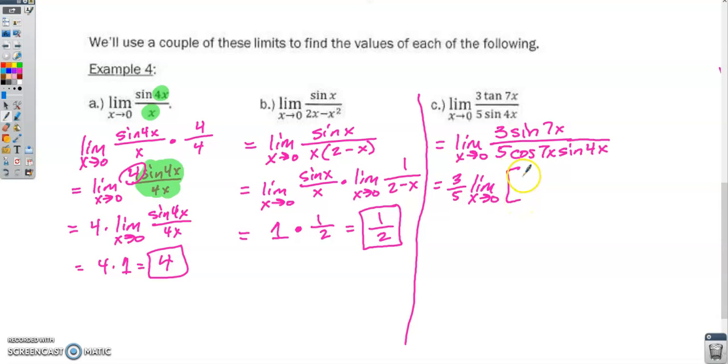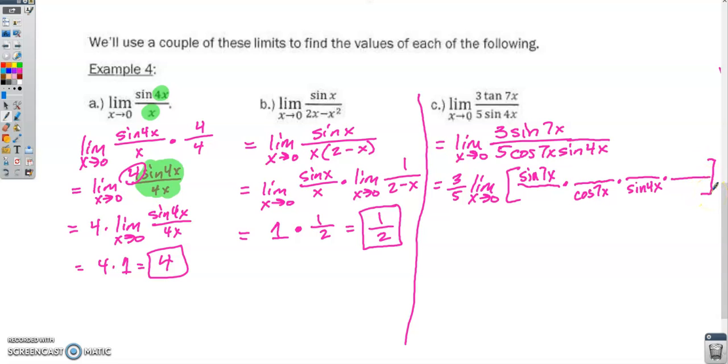I'm going to write one term where sine of 7x is in the numerator. I'm going to write one term where cosine of 7x is in the denominator. I'm going to write one factor where sine of 4x is in the denominator. And then I'm going to have a fourth fraction out here to put everything in that I add into these expressions.